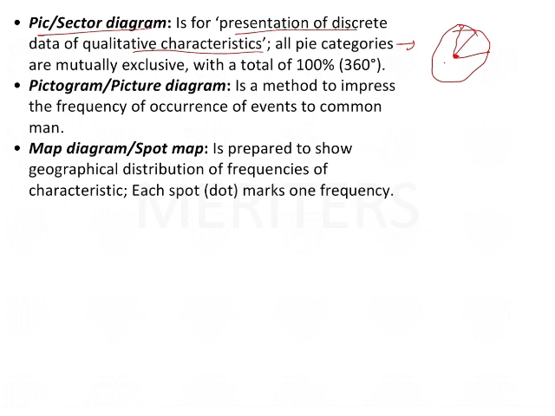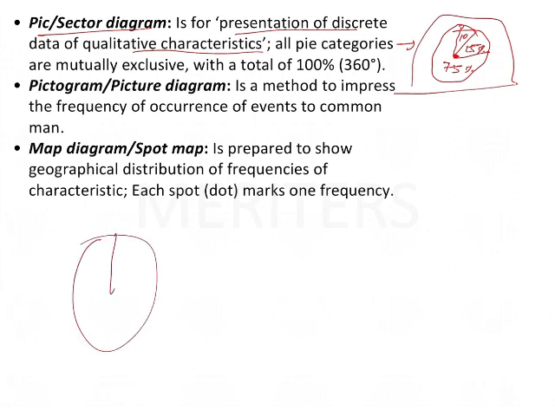This represents caries, 75%. For periodontal reasons, 10%. Other than periodontal and caries reasons, around 15%. So this kind of circle data is called a pie or sector diagram.